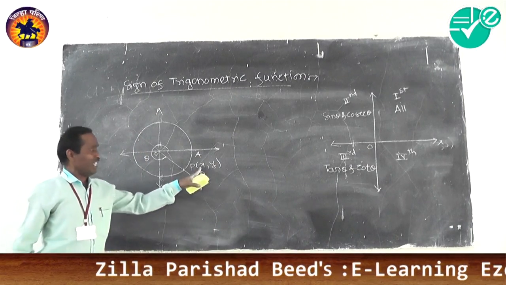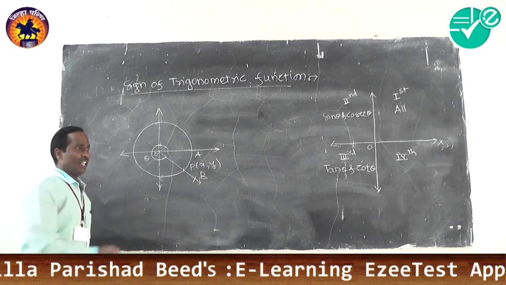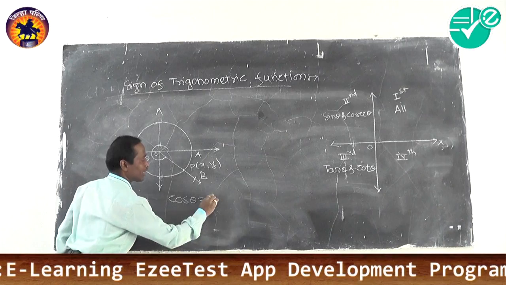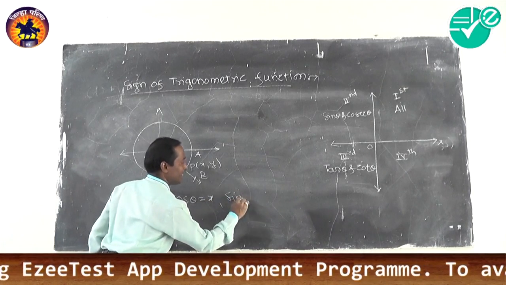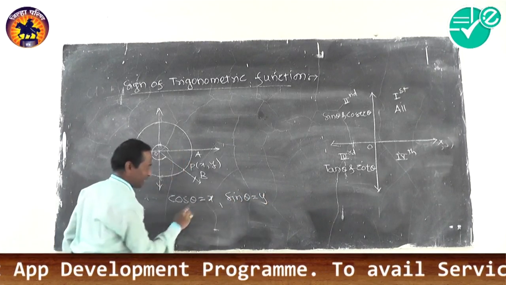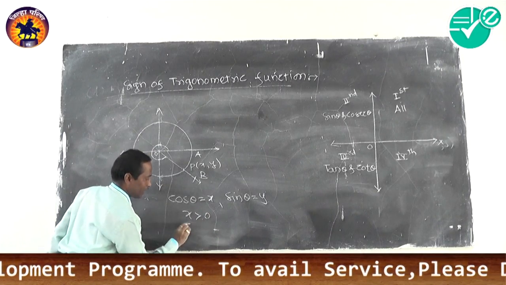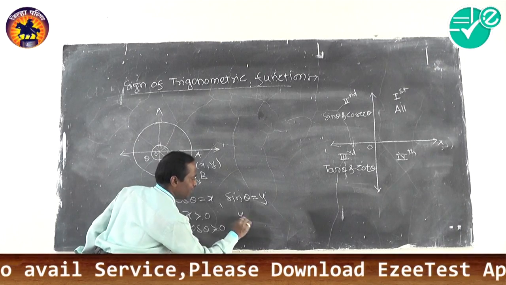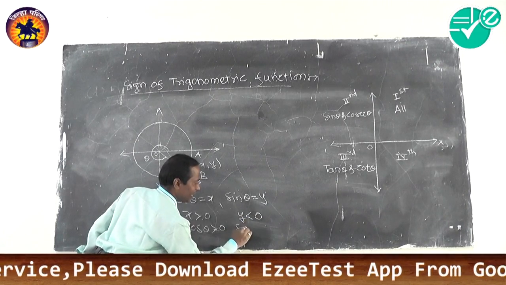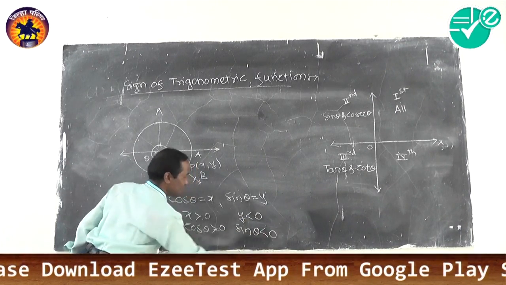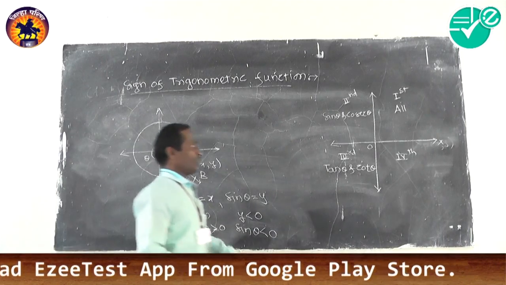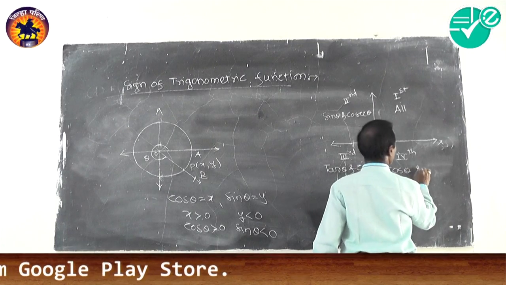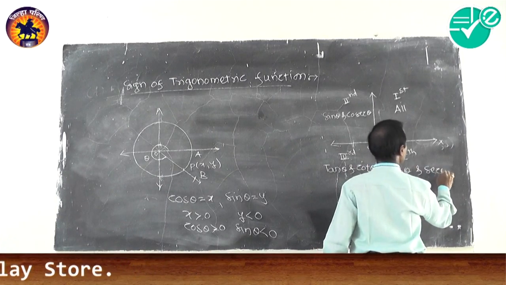Here x is positive and y is negative. Cos theta is equal to x and sin theta is equal to y. X is positive, so cos theta is positive, and y is negative, so sin theta is less than 0. Cos theta is positive, which means sec theta is also positive.